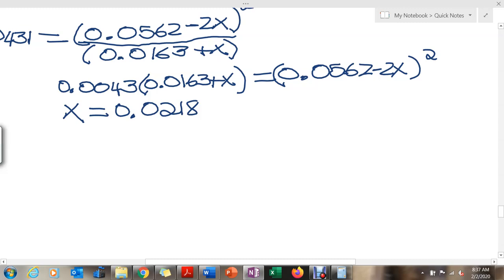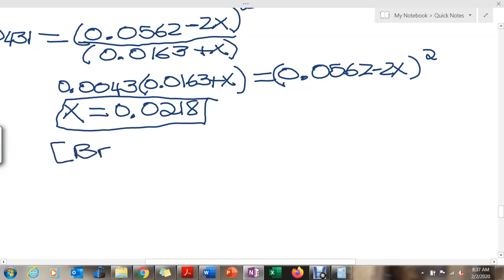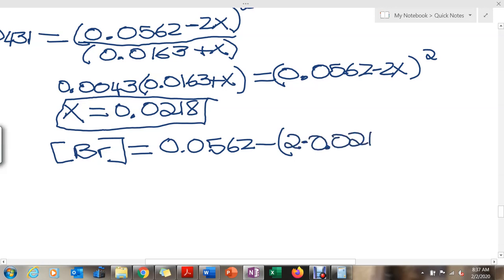Okay, so knowing that this is x already, you're going to go ahead and calculate the Br, which is this Br2 or Br, and it's 0.0562 minus twice x, and x is 0.0218.